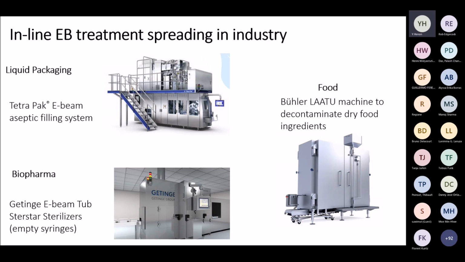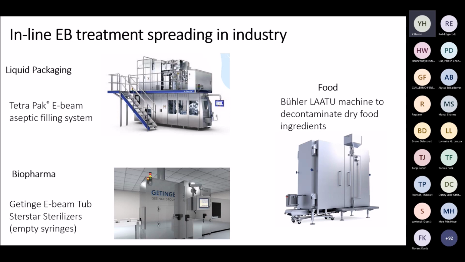The advantage, of course, is that low energy, it means you don't require a bunker. You can have a rather simple shielding, and we are seeing low energy electron, for example, coming into the industry.